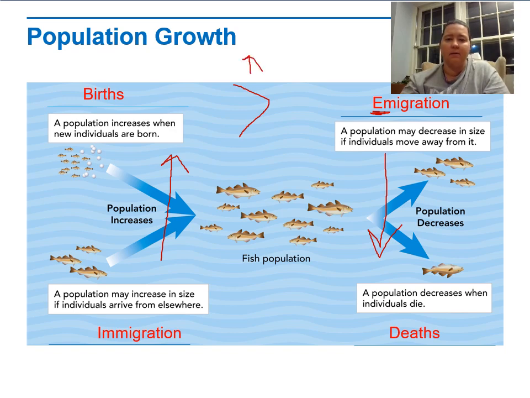If emigration and deaths are greater than births and immigration, that means the population is going to go down. So depending on what side we're on, that'll end up causing a population to grow or not. Now, if these are equal, of course, that means the population is going to remain the same.